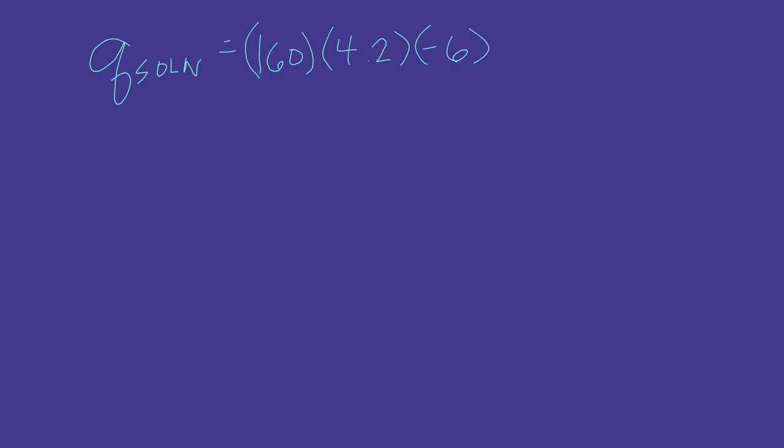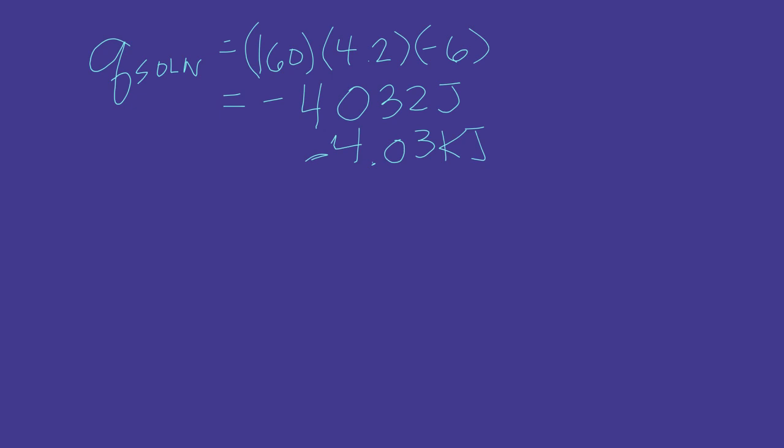Now we just take this and put it into the calculator, and this will give us joules. So Q for the solution is negative, which it should be, 4,000 joules, or negative 4.03, because really we should have three significant figures, two numbers past the decimal, three in total.